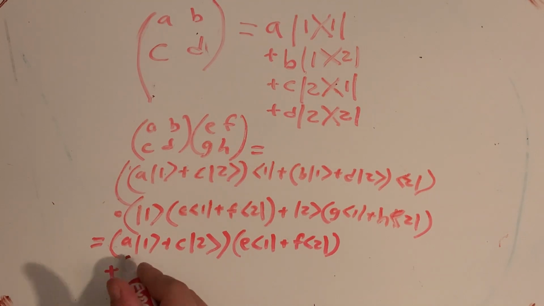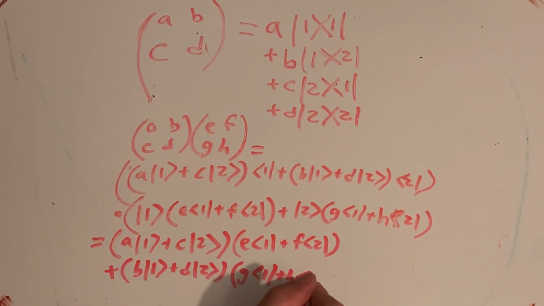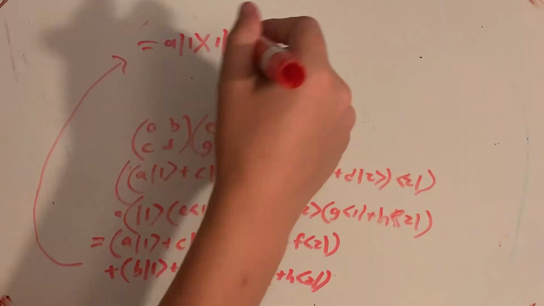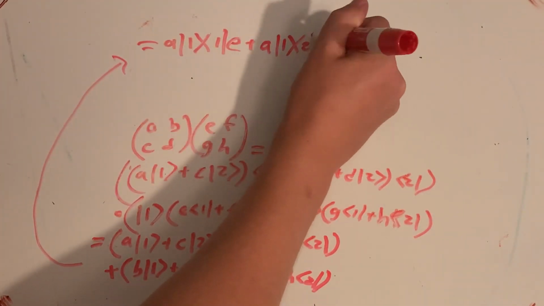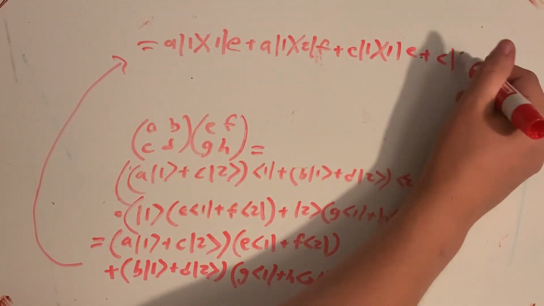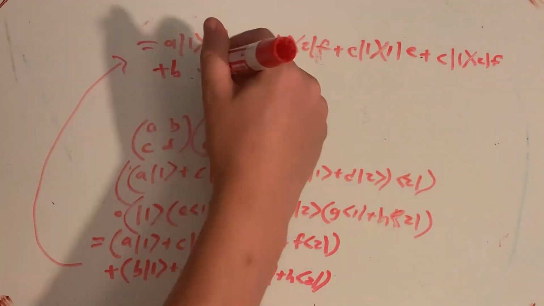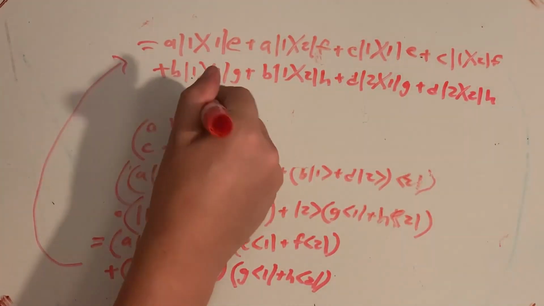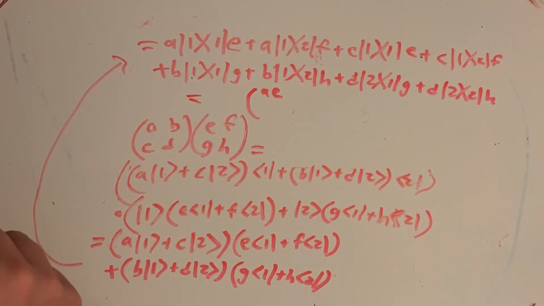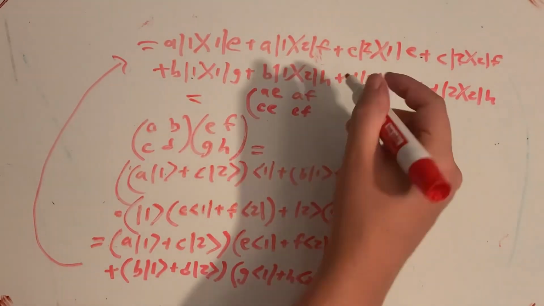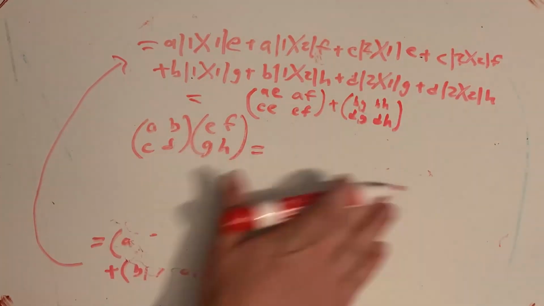So what you get from doing the multiplication this way is eventually you have these four basis ket bras of 1, 1, 1, 2. I actually wrote it wrong at first, so I'm going to correct that. But it's 1, 1, 1, 2, 2, 1, and 2, 2.